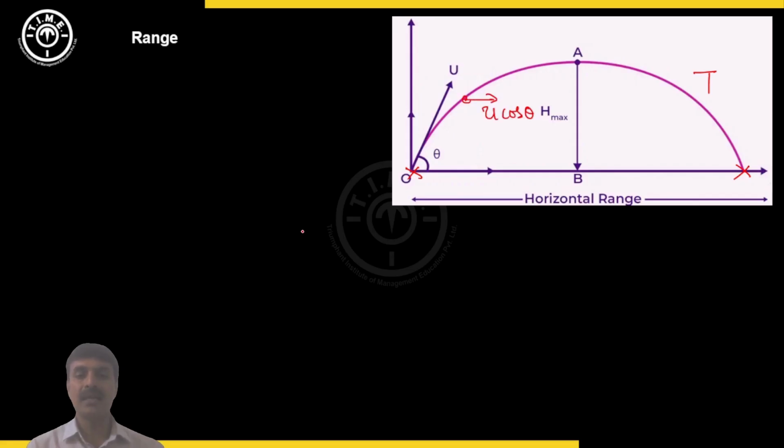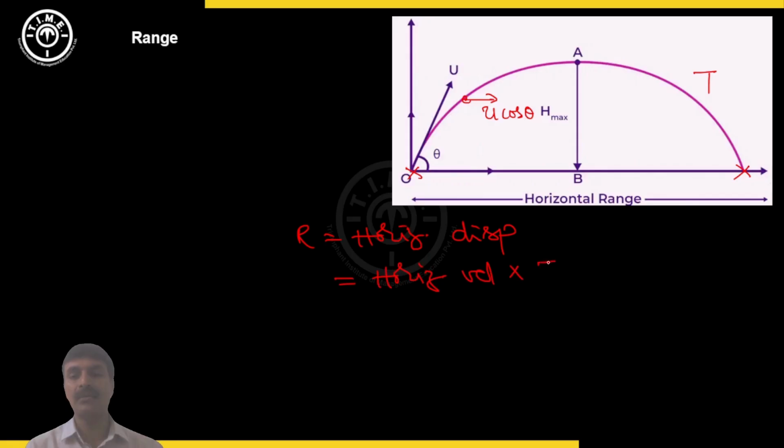By definition, a range is horizontal displacement. So simple relation between velocity, displacement and time says that displacement is the product of velocity and time. Which velocity here? As we have two velocities, since it is horizontal displacement, it is the product of horizontal velocity into the time. The time is nothing but time of flight.